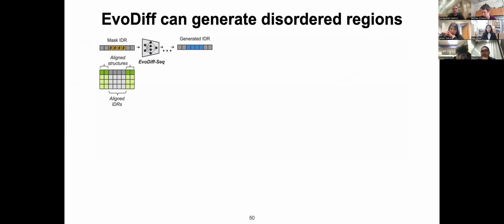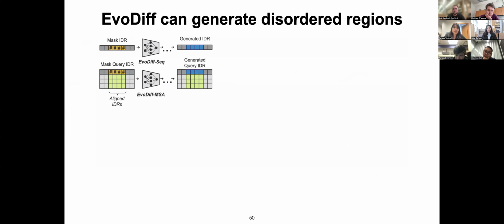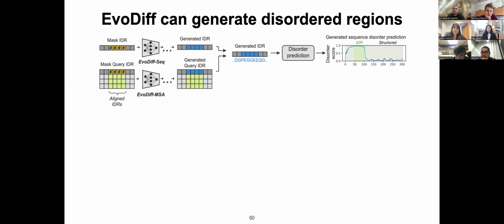They have some shared structural regions and shared disorder regions across many organisms, and we conduct that same experiment where we mask out the query IDR, again only working with the query here, leaving that context in there, and then generating a new intrinsically disordered region within a protein sequence.